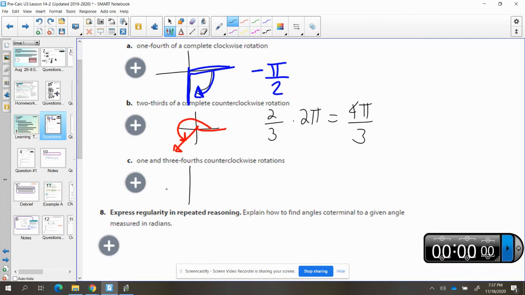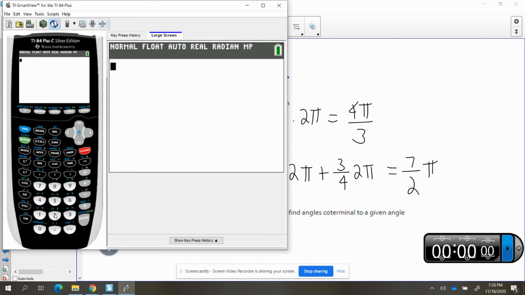Last but not least, we have 1 3/4 counterclockwise rotation. So now we're looking at 2 pi plus 3/4 of 2 pi. So what that ends up being is a total of 7 halves pi. And again, if fractions are not your thing, reminder, just don't type the pi in the calculator.